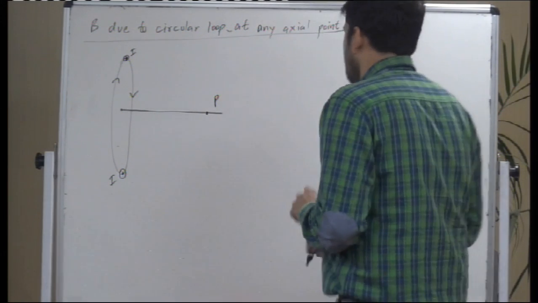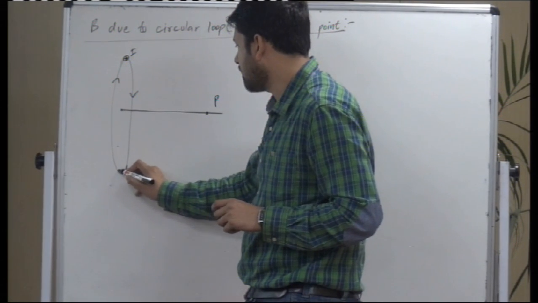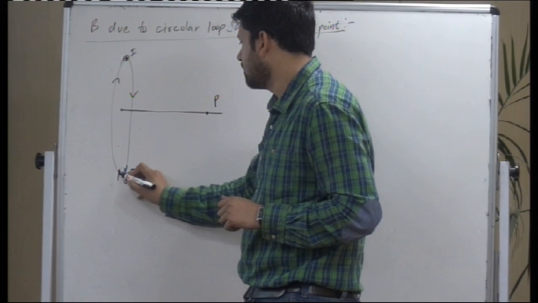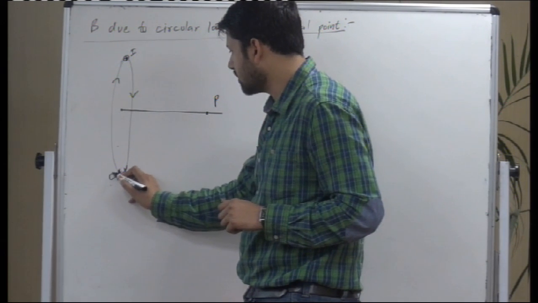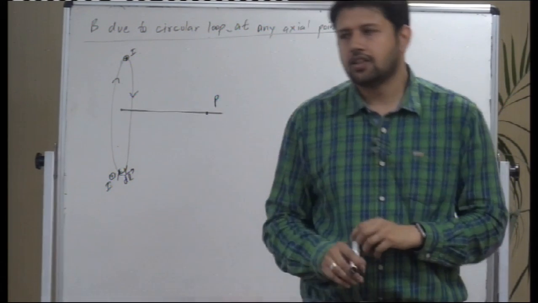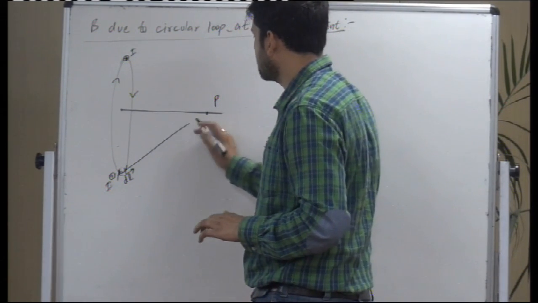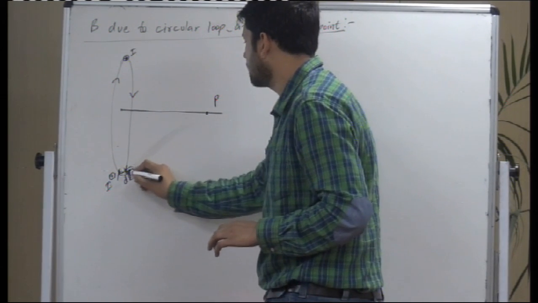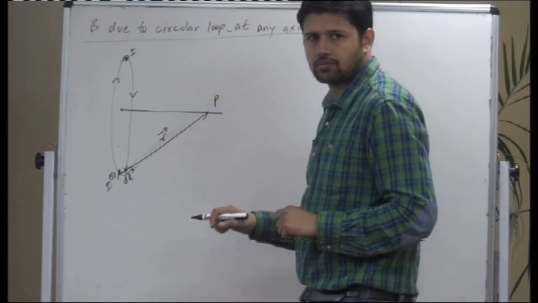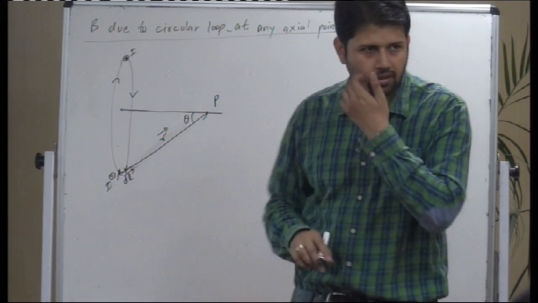Now I'll just mark the element here first. This is the dl vector and the current is coming out, placed sideways. So consider this small element dl. For this element this is the r vector. The angle here would be theta.